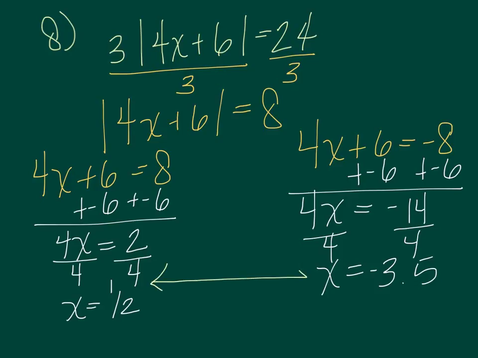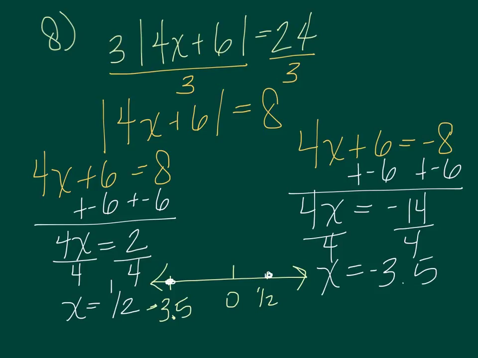Last, I'm going to make my number line. I'm going to put 0, I'm going to put 1/2, and negative 3.5 just a little farther. And at each of those, I'm going to put a dot to show where they would fall.